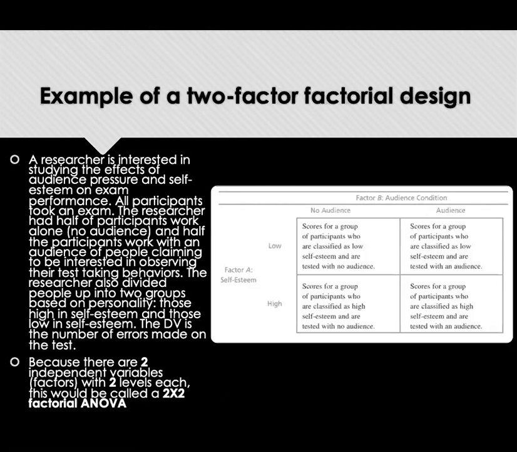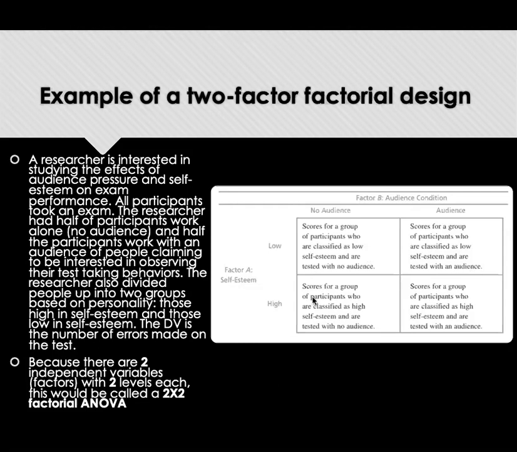The researcher had half of participants work alone, meaning there was no audience, and half of the participants work with an audience of people claiming to be interested in observing their test-taking behaviors. So a group of people watching you take a test, right? And then the researcher also divided people up into 2 groups based on personality, those that are high in self-esteem and those that are low in self-esteem. And the dependent variable in this study was the number of errors made on the test.